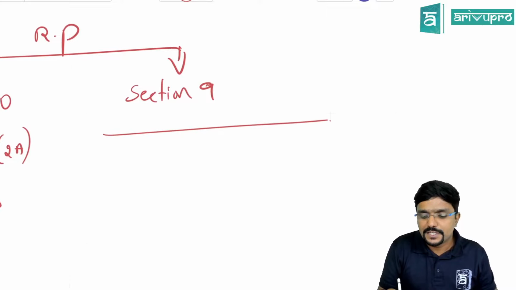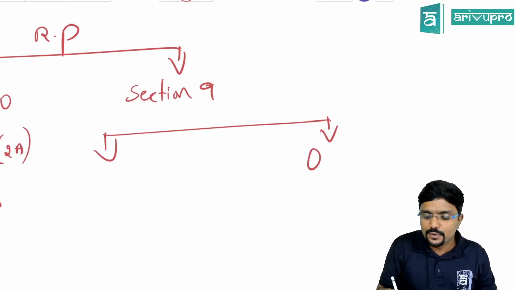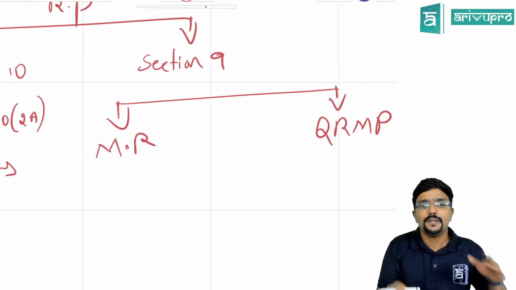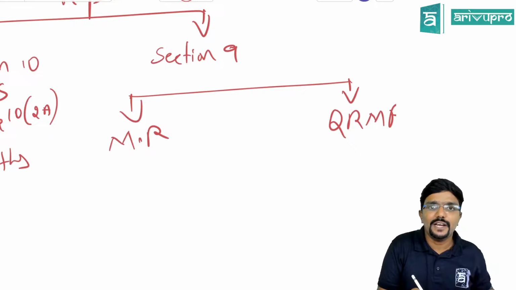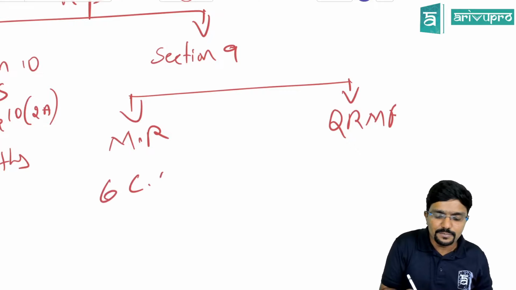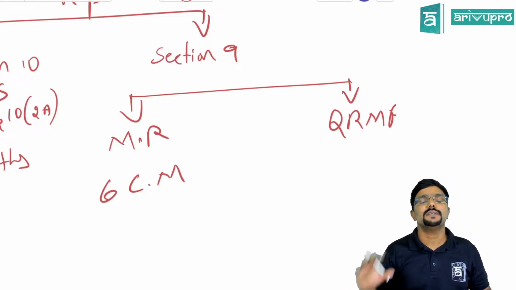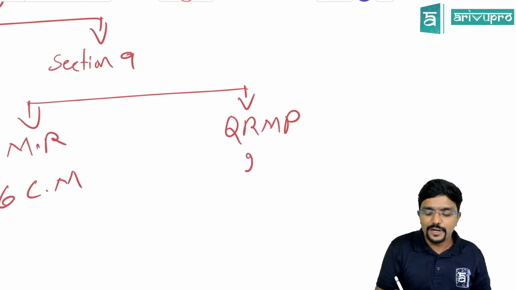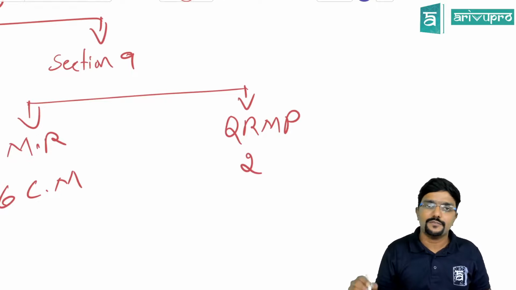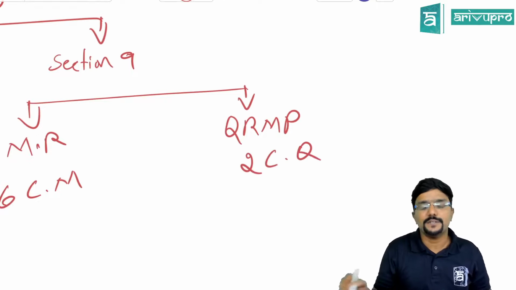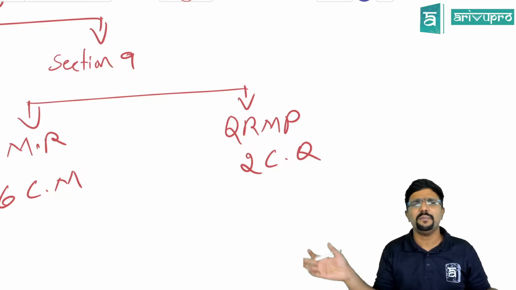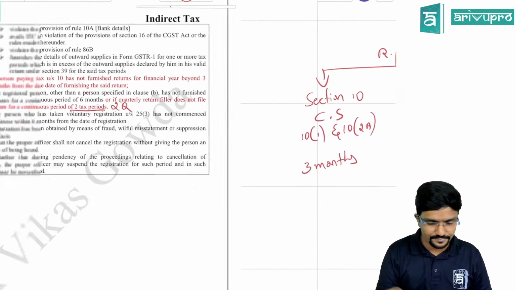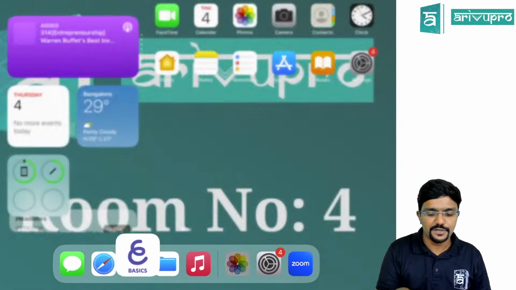Whereas for section 9 person, there is QRMP, then monthly returns. If you are filing monthly returns and if you have failed to file the returns for 6 continuous months, then your registration can be cancelled. Same way for QRMP person, if you have failed to file your returns for 2 continuous quarters, either GSTR 1 or 3B or both, then your registration can be cancelled. It is like that. Fine, guys. That is the only changes here.